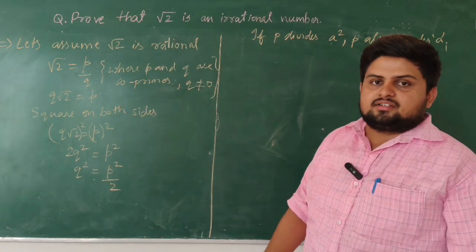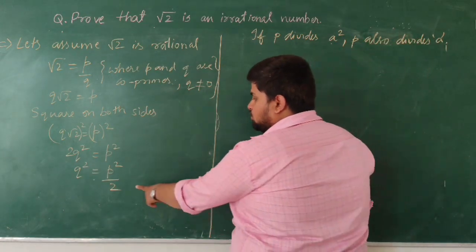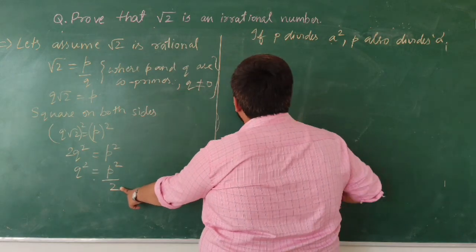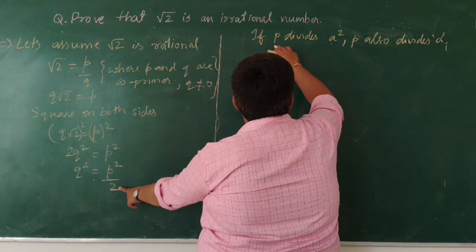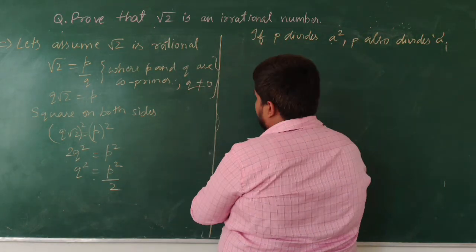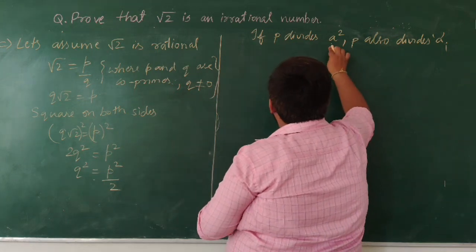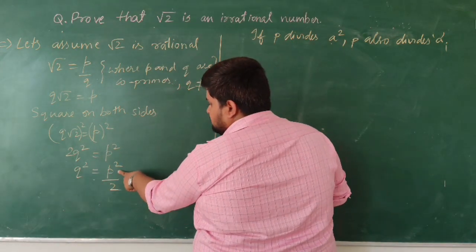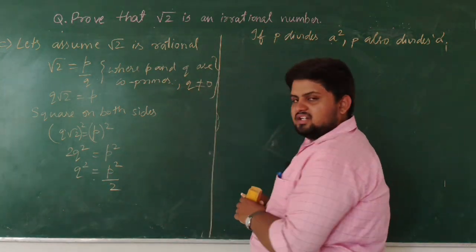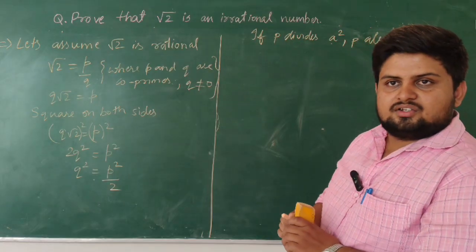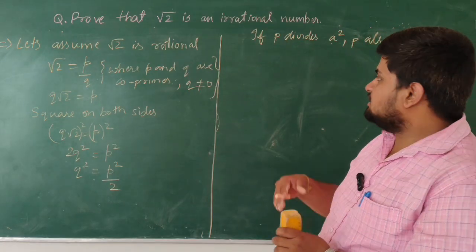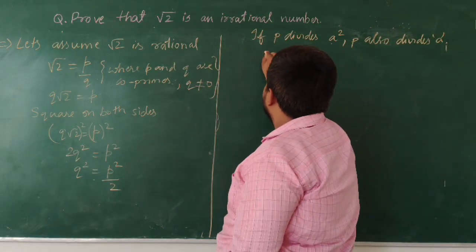So here we'll assume 2 to be the number P, and the number P square is our a square. Here 2 divides P square, then 2 also divides P. Yes or no?